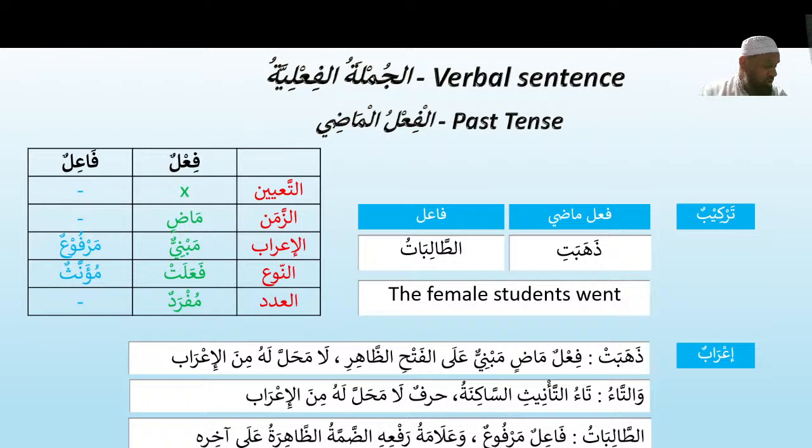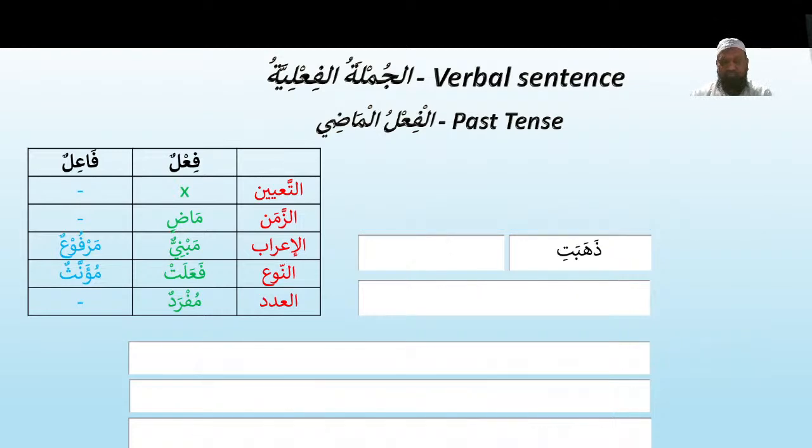When do we use muannas? Mufrad. Muannas mufrad. Yes. If the jama mukassar is ghayrul aqil. Let's do that as well.